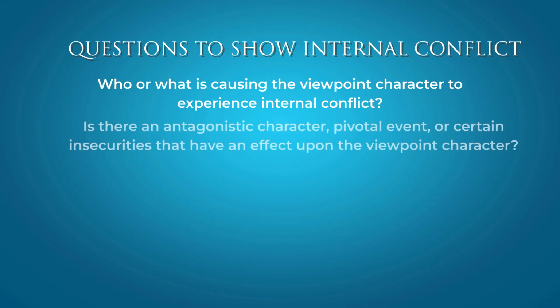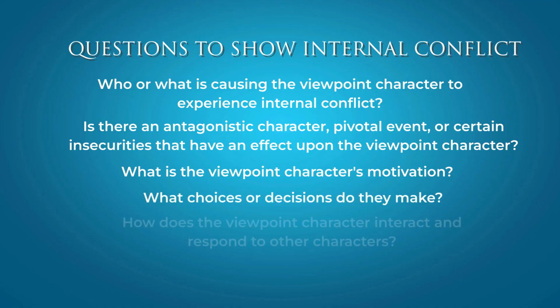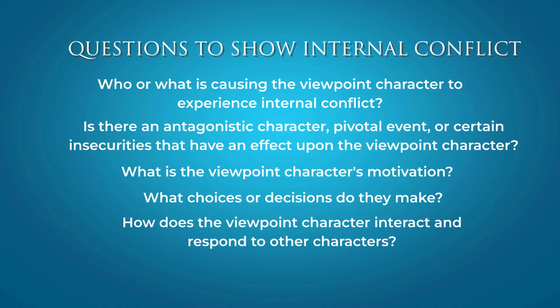Is there an antagonistic character, pivotal event, or certain insecurities that have an effect upon the viewpoint character? What is the viewpoint character's motivation? What choices or decisions do they make? And how does the viewpoint character interact and respond to other characters?